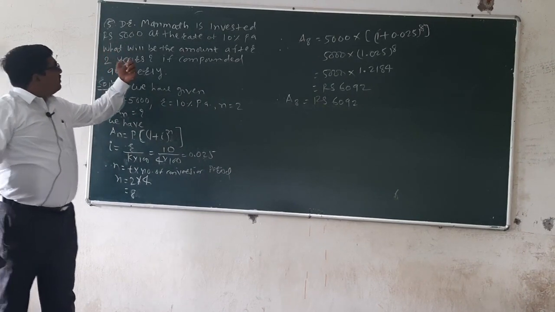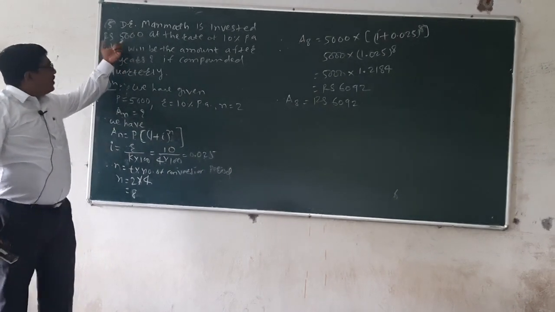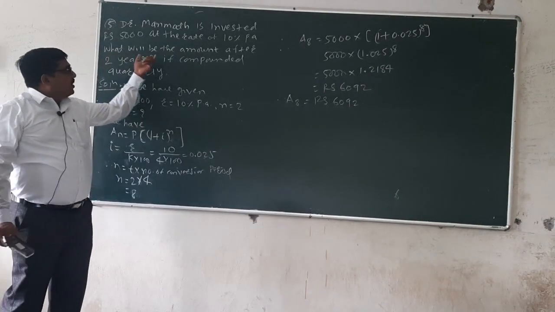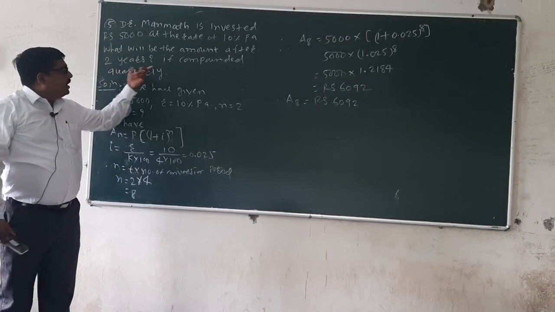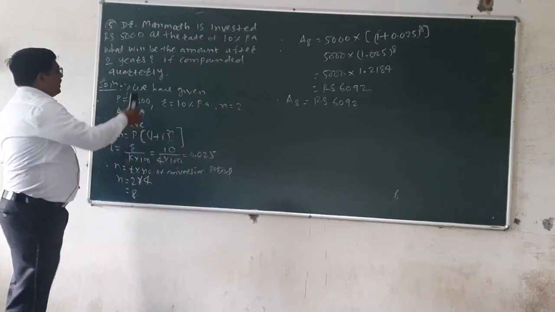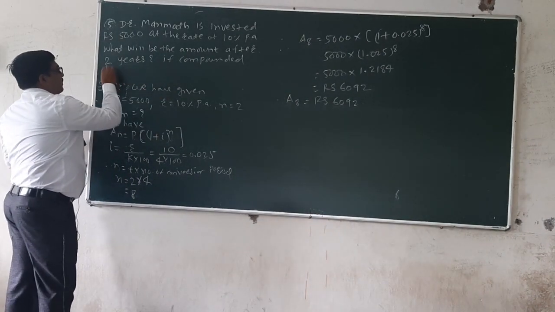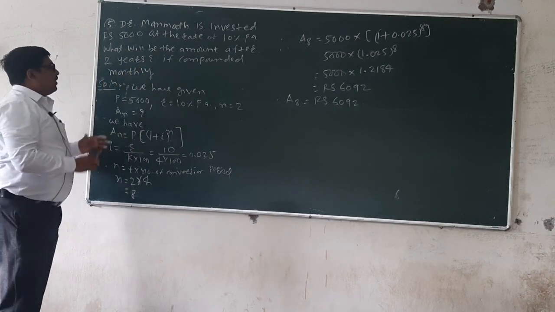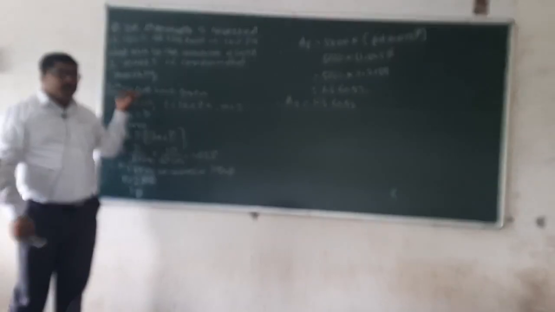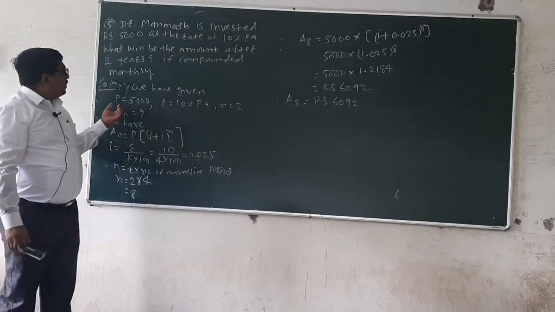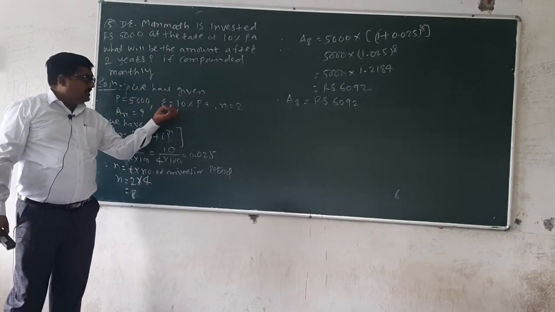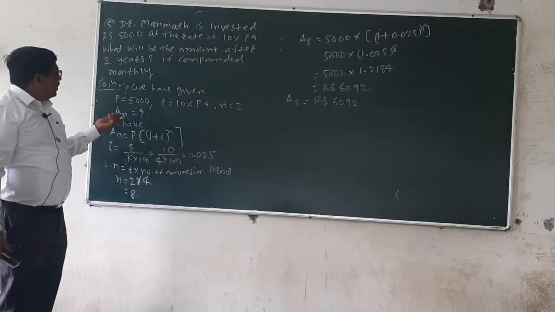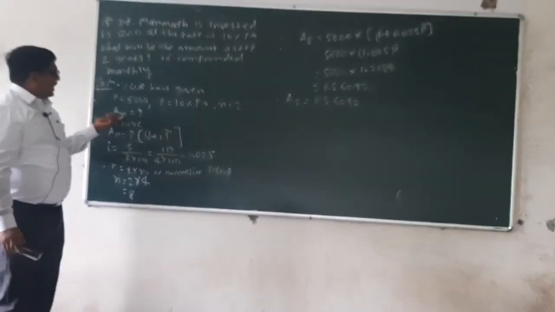Now come to the fifth problem. Dr. Manmath invested the same rupees 5000 at the rate of 10% per annum. What will be the amount after 2 years if compounded monthly? Now come to the solution. We have given principal is 5000, R is 10% per annum, N is 2 years. We have to find the value of AN.